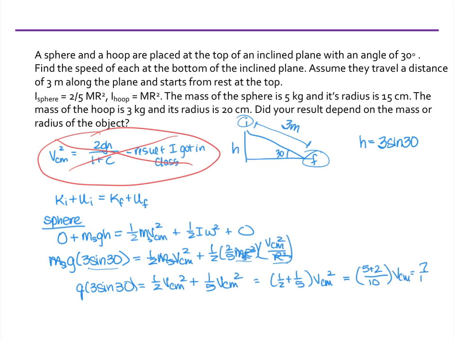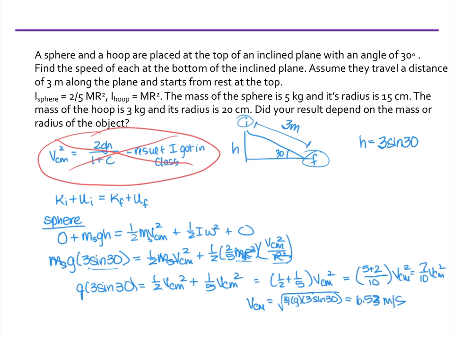And so that's 7/10. So if we solve for the velocity, which is going to be at the bottom, sorry, sine at 30. And I got 5.3 meters per second.